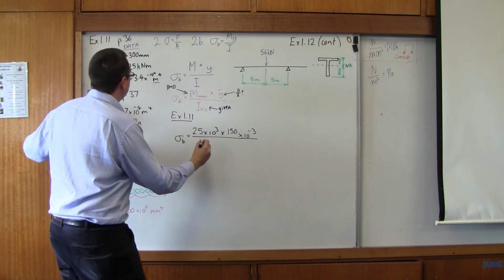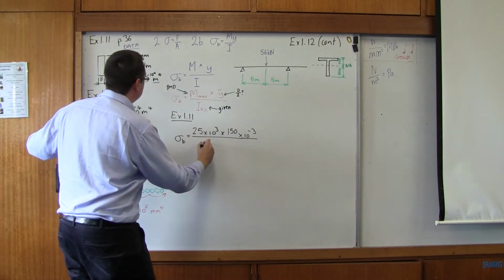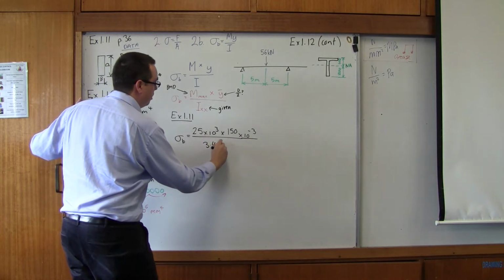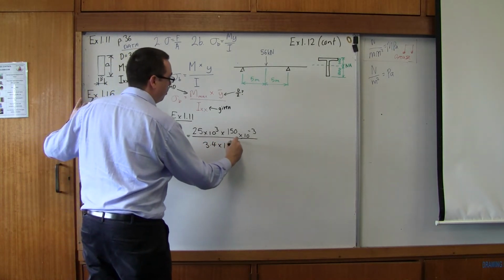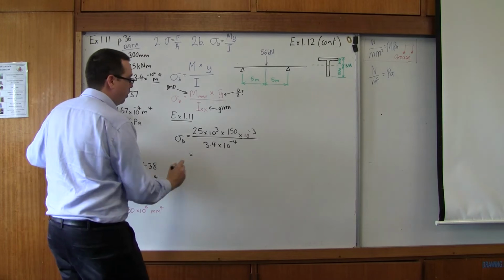Now, we then have our I value, or our second moment of area, which we're going to say is 3.4 times 10 to the minus 4. Now, if we put that into the calculator, what answer do we get?